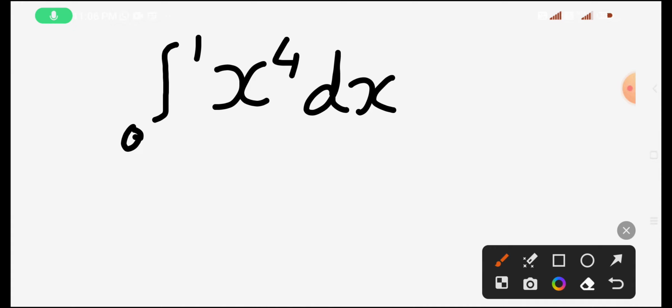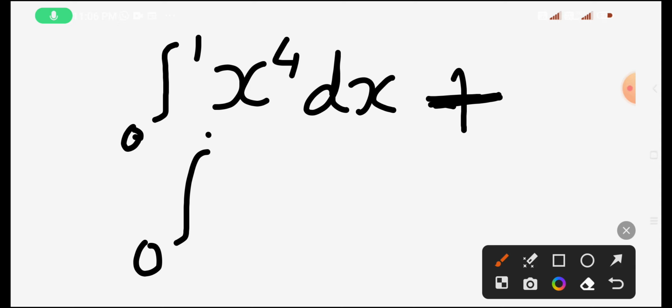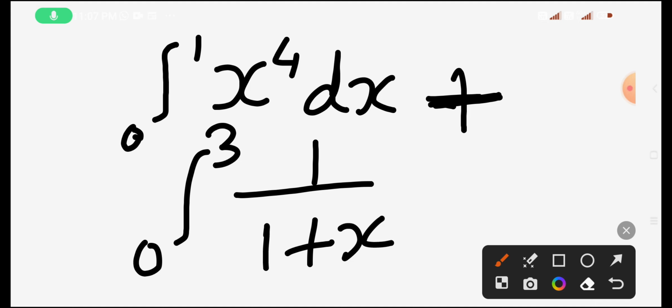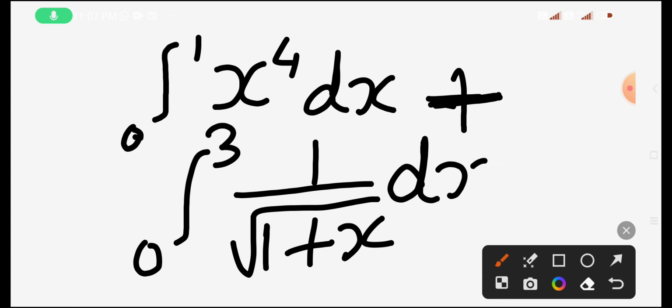For the second part I take the limit 0 to 3, and here will be 1 over root of (1 plus x), dx. The same limit is retained in the form of integration as you see on the screen.